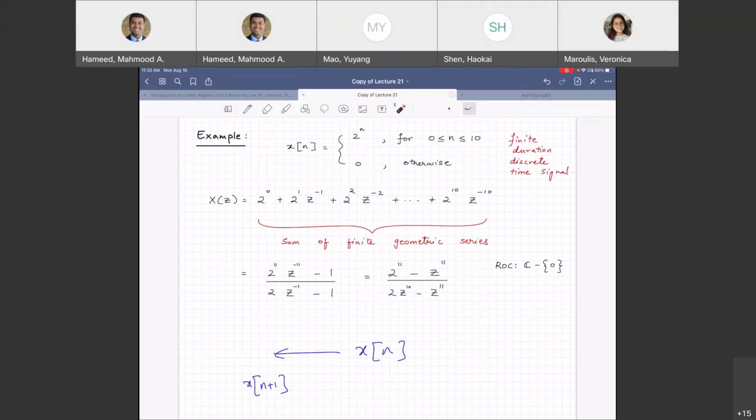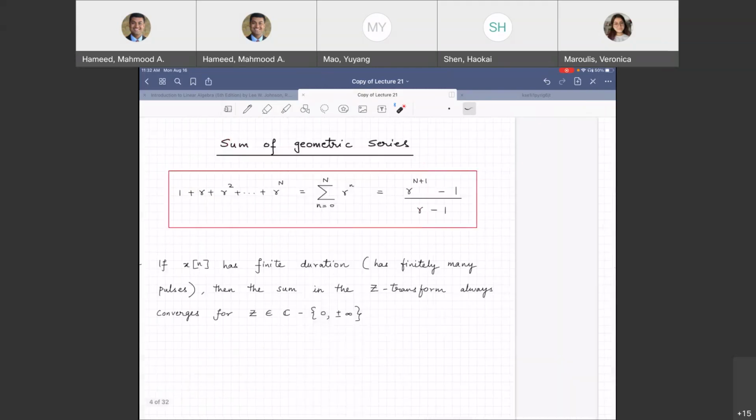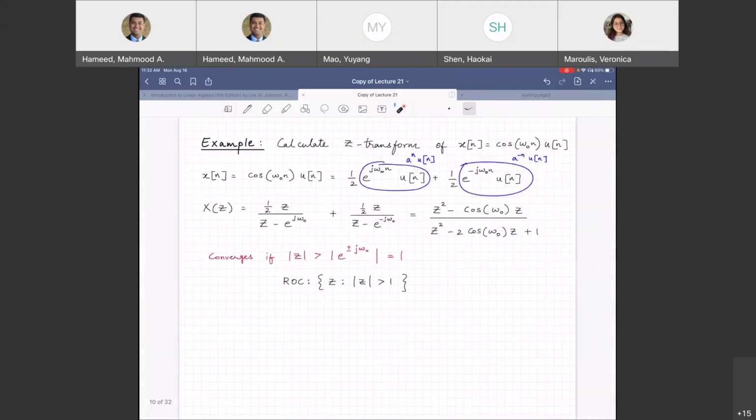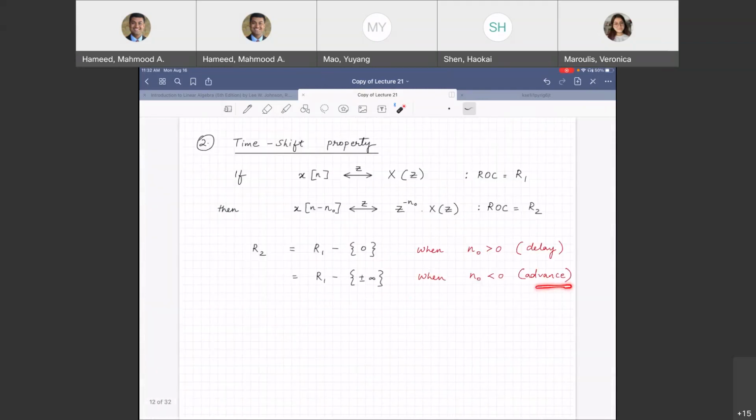I have n equals minus 1 defined, n equals negative 2 defined. What does that translate to in X of z? Positive powers of z. When you have positive powers of z, then you have to remove plus and minus infinity from it. You see that? So advance the signal, remove plus and minus infinity for advance. And then, of course, if you go this way, then you are having z to the negative powers, you're delaying the signal, and you're subtracting 0 from it.